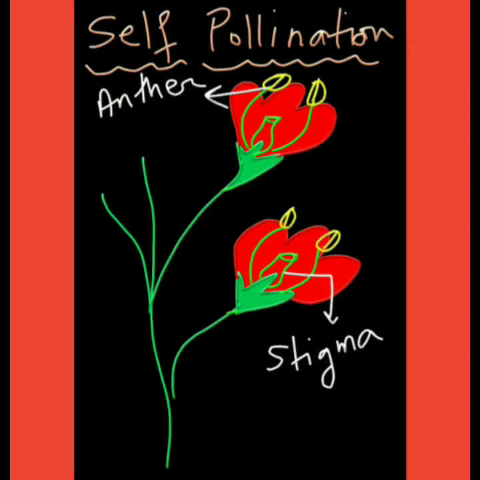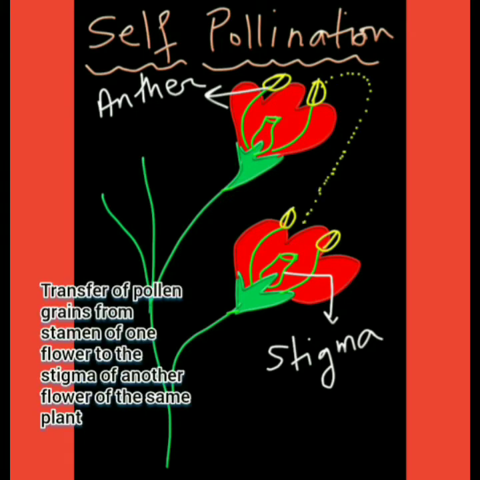We can even call this one as self-pollination also, when the pollen grains from the stamen of one flower transfer to the stigma of another flower of the same plant.